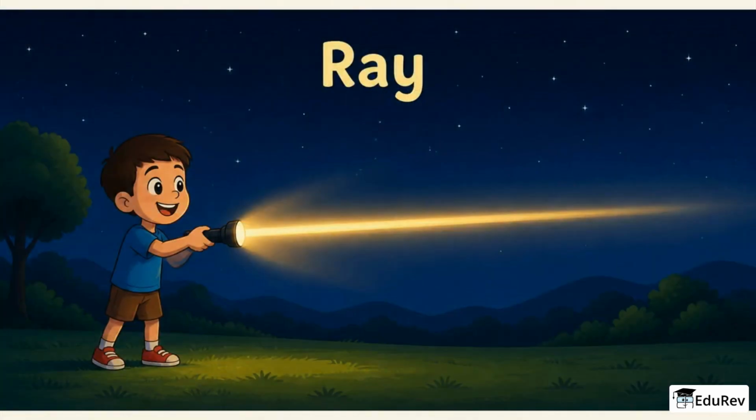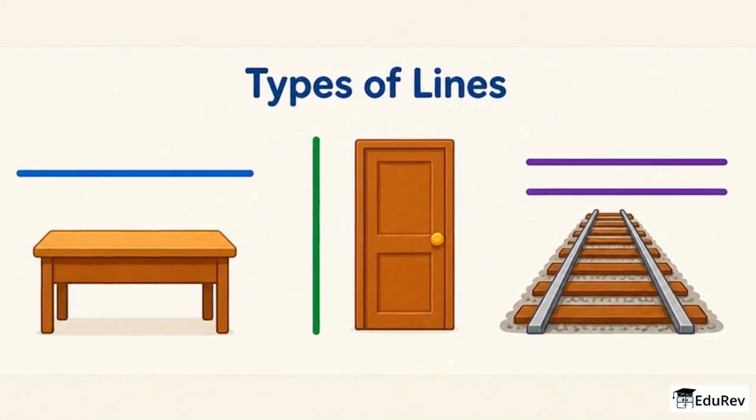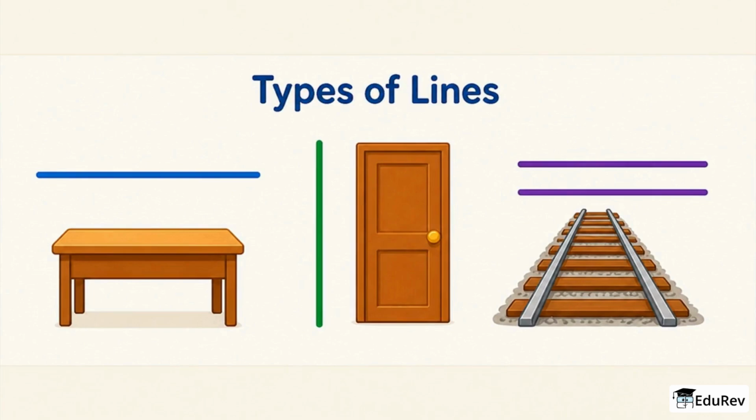A ray has one endpoint and keeps going forever in one direction, like light from a torch that never stops as it shines far away. Horizontal lines go left to right, vertical lines go top to bottom, and parallel lines never meet. They stay the same distance apart.